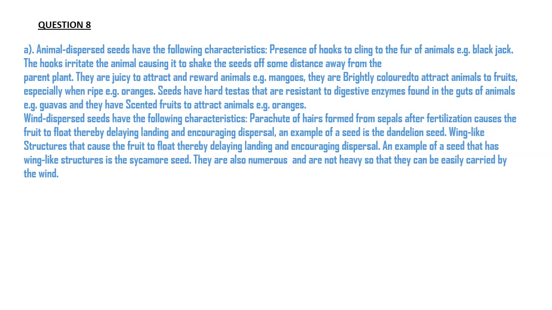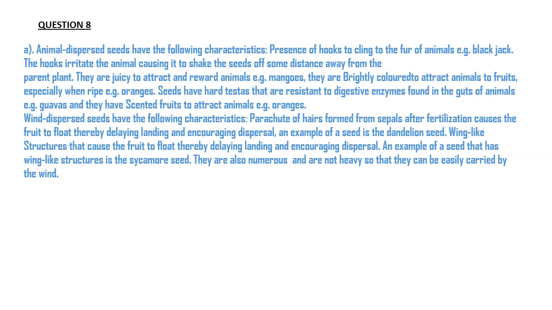Wind dispersed seeds have the following characteristics: a parachute of hair formed from sepals after fertilization, causing the fruit to float, thereby delaying landing and encouraging dispersal. An example is the dandelion seed.